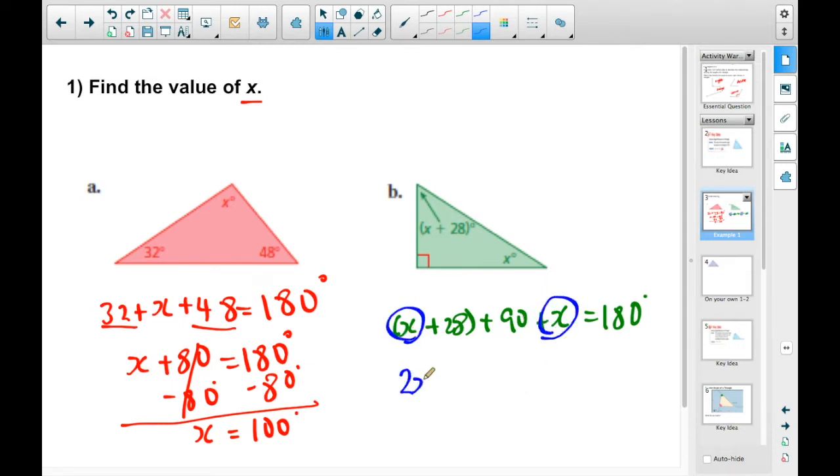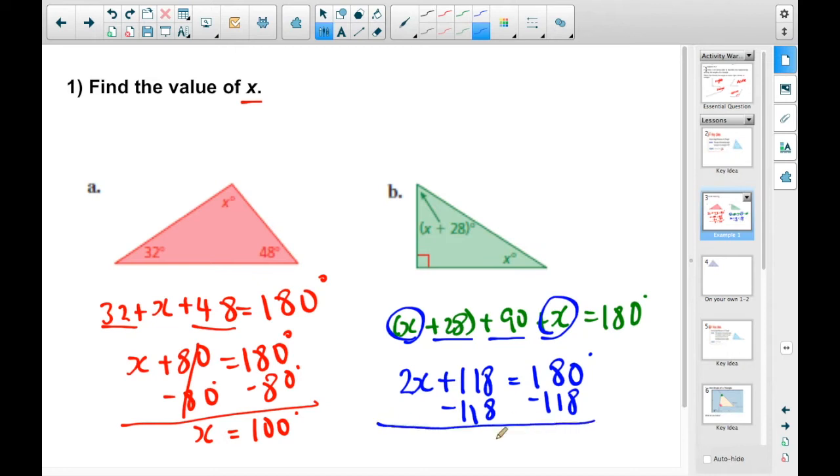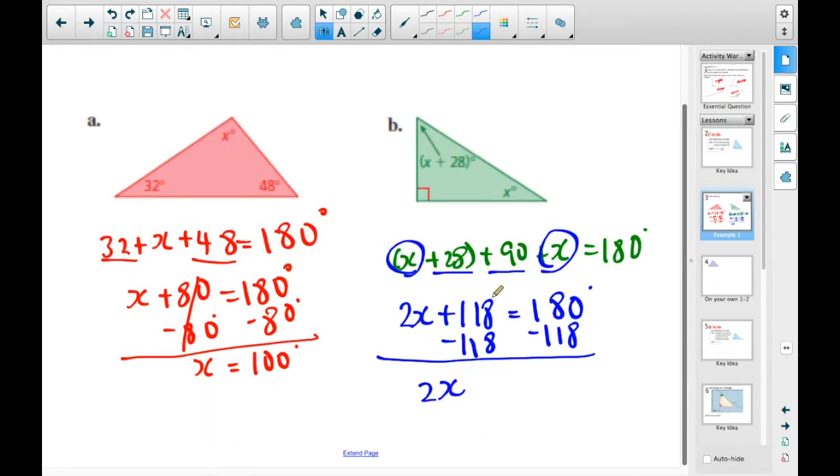So we have 2x plus 28 and 90, which is 118, equal to 180 degrees. Subtract 118 from both sides, and you get 2x is equal to 62. Because I'm looking for x, I have to get rid of the 2, so x is equal to 31.